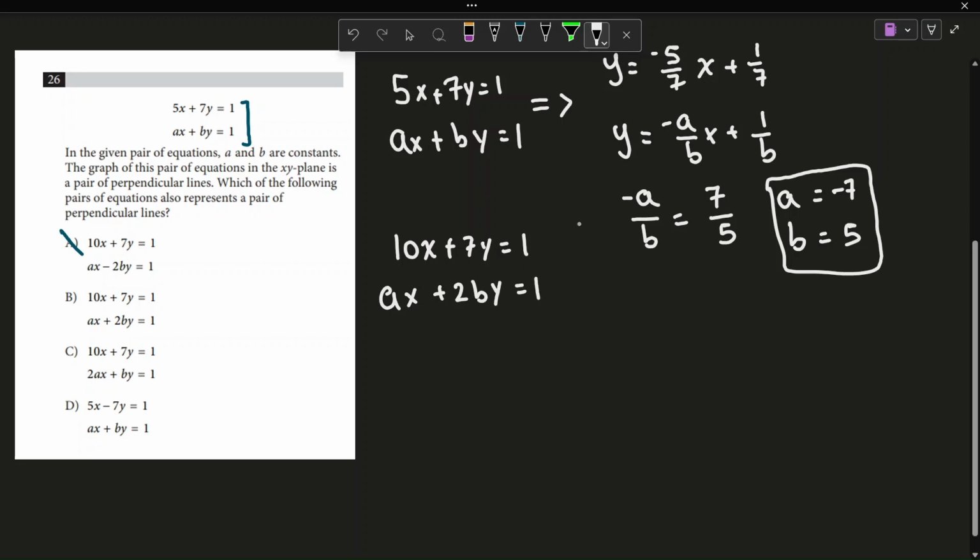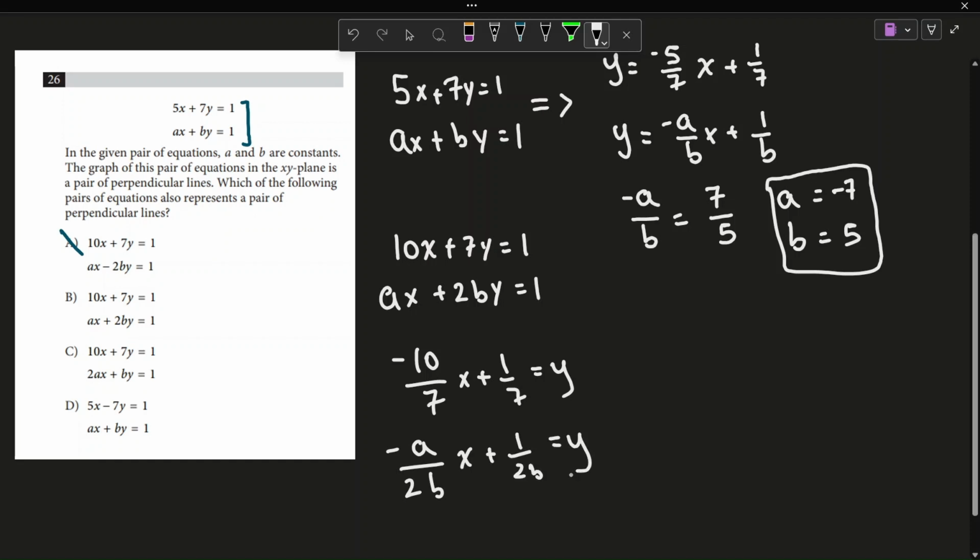Let's rewrite this in standard form. So negative 10 over 7 x plus 1 over 7 is equal to y, and negative a over 2b x plus 1 over 2b is equal to y.